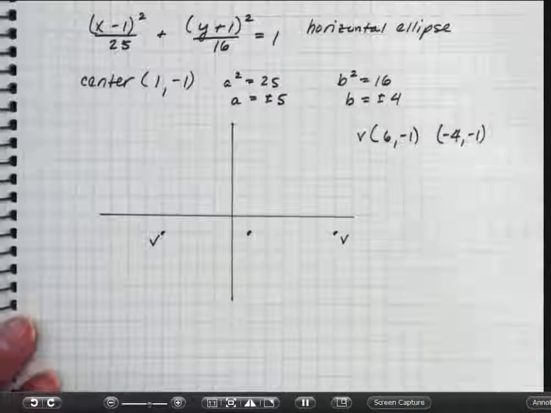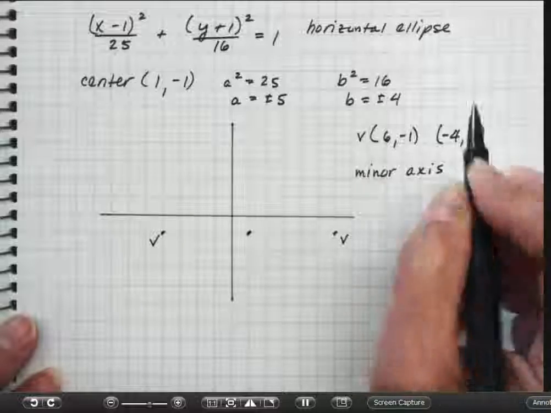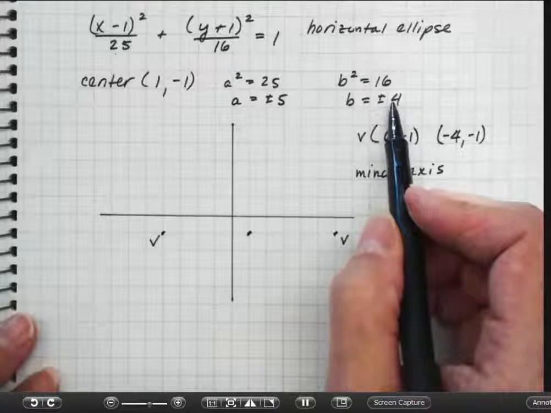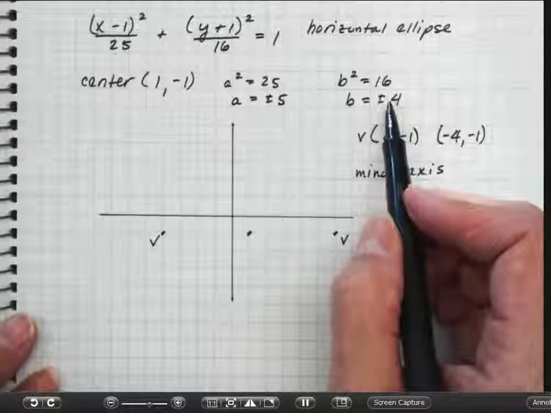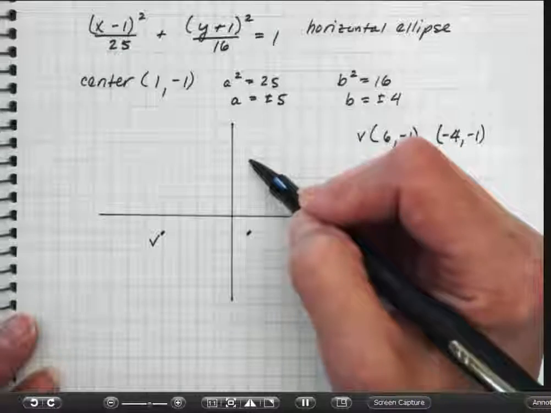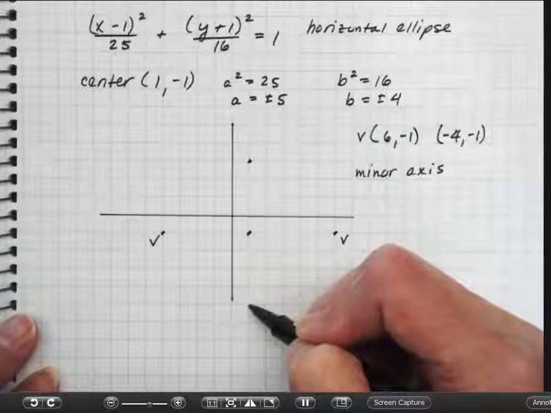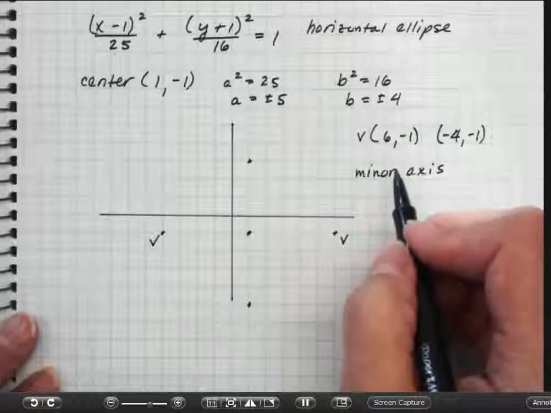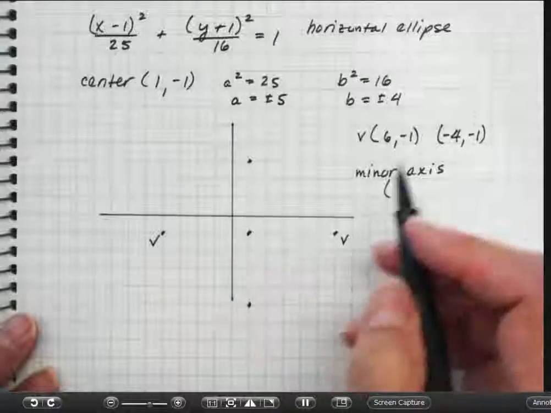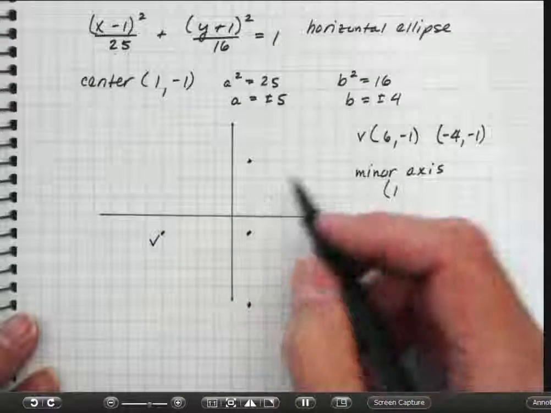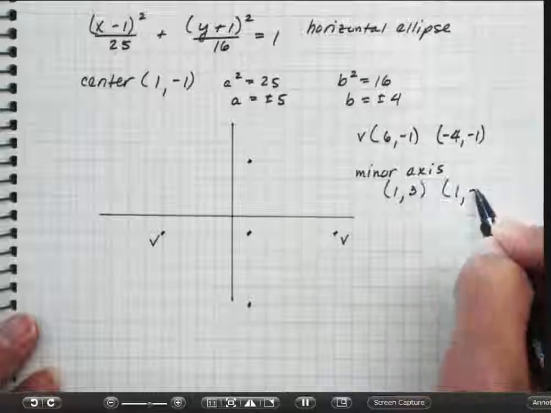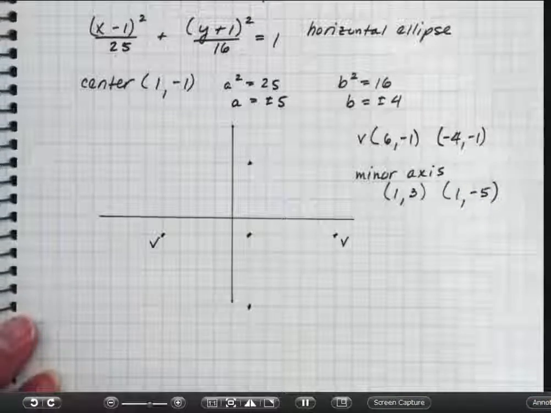My minor axis, I'm going to be going up or down 4 units from my center. 1, 2, 3, 4. 1, 2, 3, 4. So they have coordinates 1, 3, or 1, negative 5. We can go ahead and draw our ellipse now.